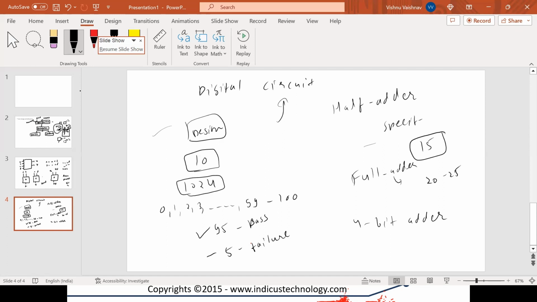You will say, hey, I started my verification and applied some 100 values, and later I came to know 95 of them were good, and out of these, 5 values have some problem. Now you will give this design back to your designer and say, I'll give you these 5 values, you apply them and cross check whether the design outputs are coming correct or not.